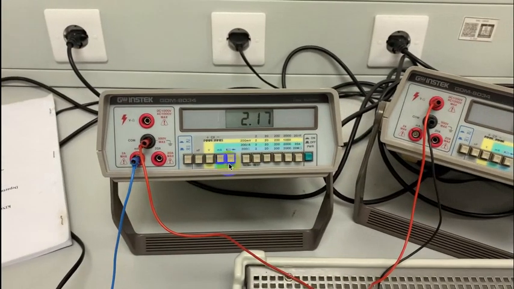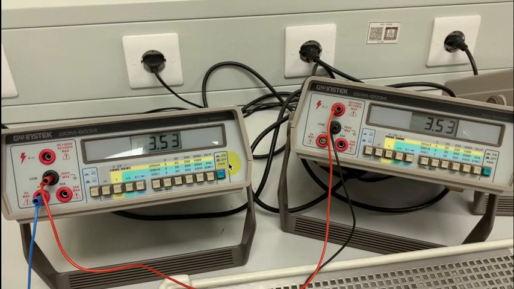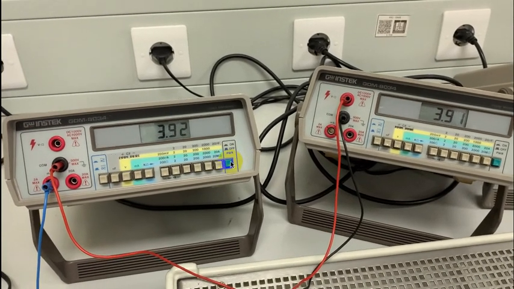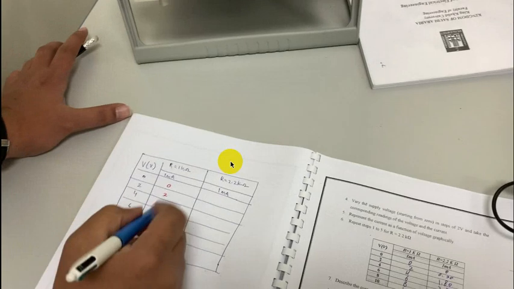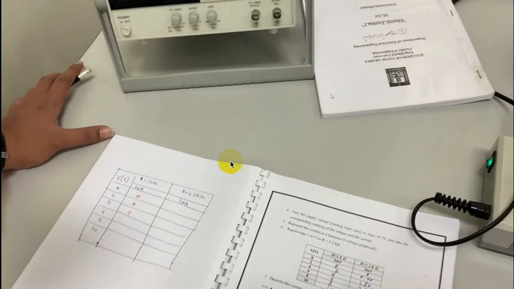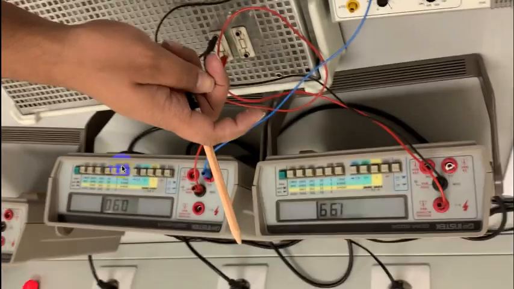Okay, simultaneously you will do all the values. For 3 it is 3, for 4 it is 4, exactly the same value, because we are using 1 kilo ohm resistor here. So same way we got for 0 till 10 to 10.